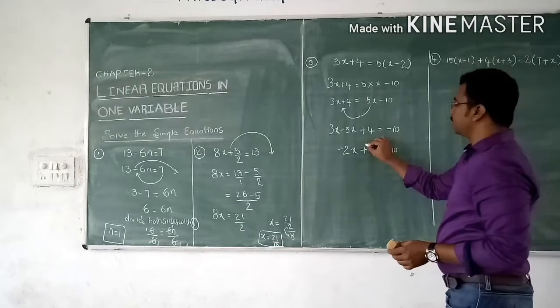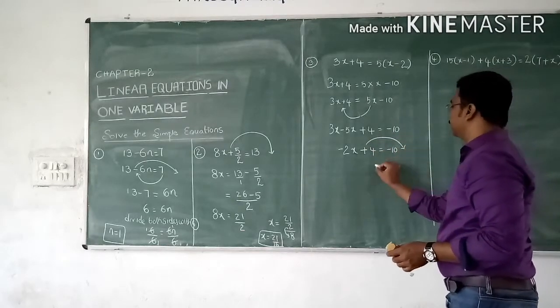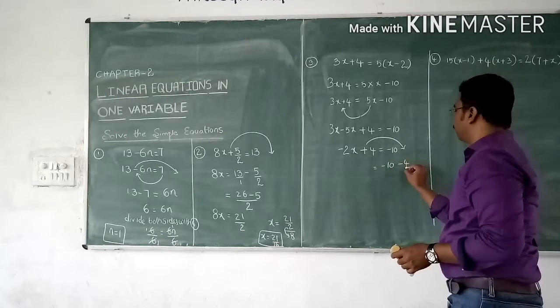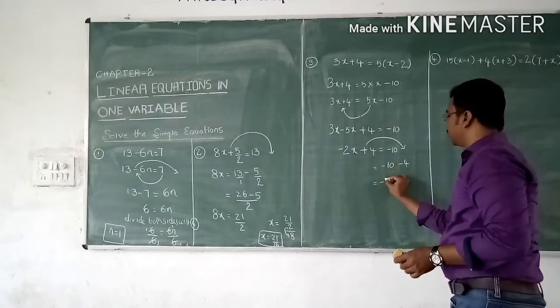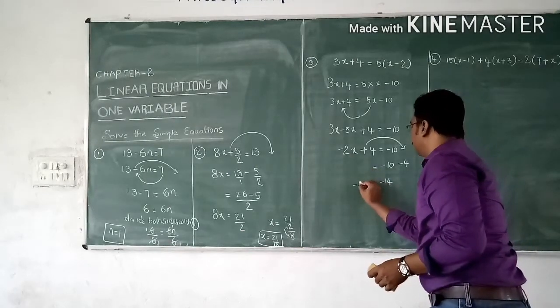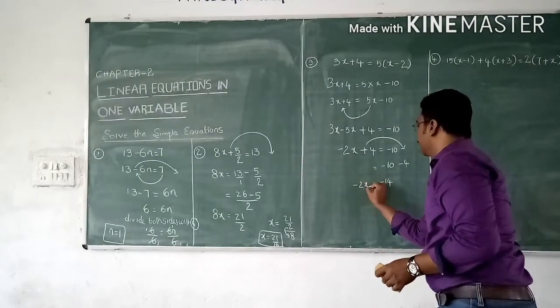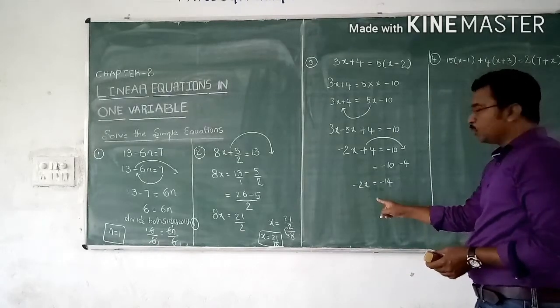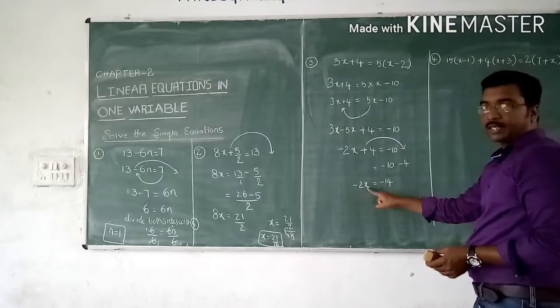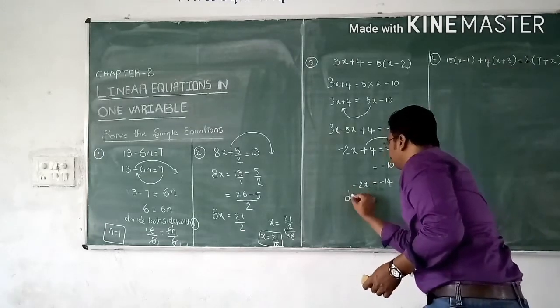Now I am transposing this plus 4 to the right hand side. What happens? Minus 10 minus 4, that becomes minus 14. So here on the left hand side, what remains? Minus 2x. So I am dividing both sides with minus 2, which is the coefficient of the variable x.